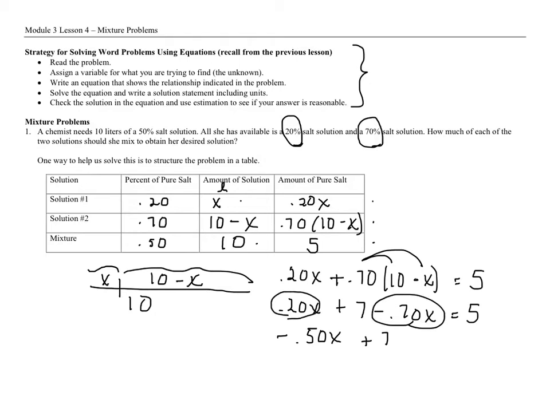We can't forget how to use our equation steps. I'm going to subtract 7 from both sides. And I'm psyched because I have a negative on the left and a negative on the right. I'll get negative 0.50x is equal to negative 2.